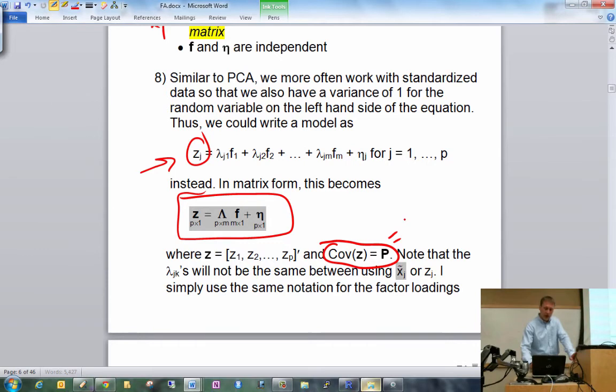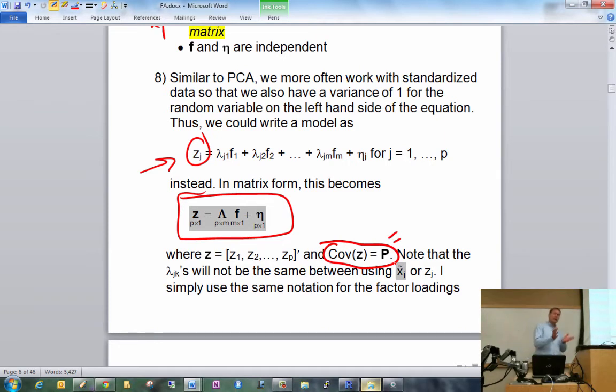I won't introduce new notation for that, but that's going to be important. Because remember, what's on the diagonal of a correlation matrix? Well, the variances for the z's in this case, which would be 1.